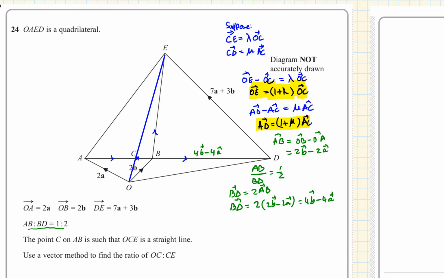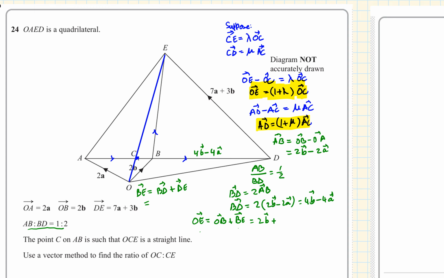So hence I can work out what OE is. So BE is equal to BD plus DE.